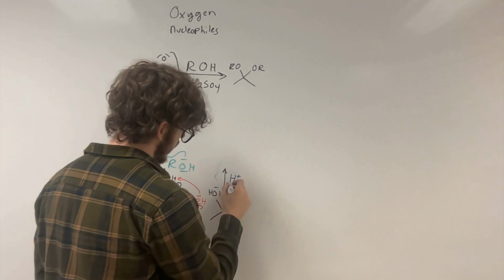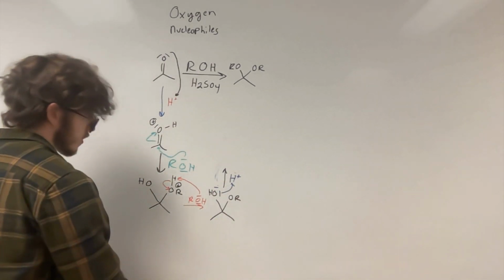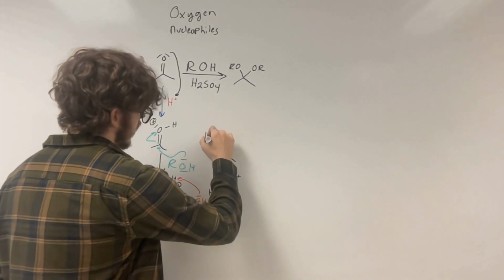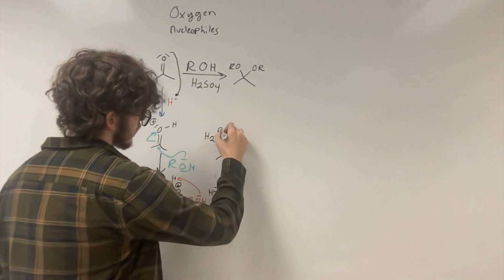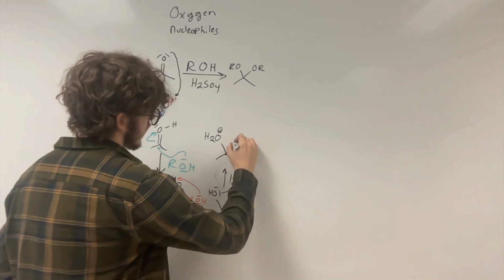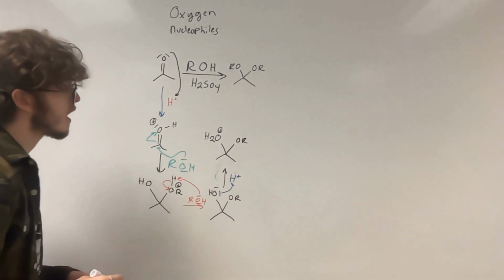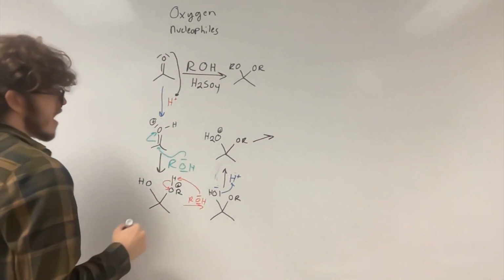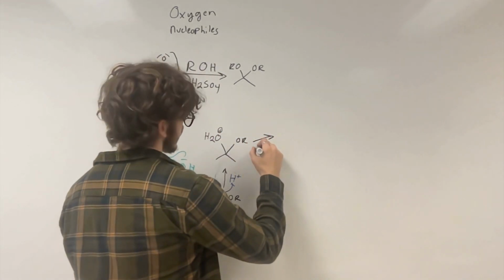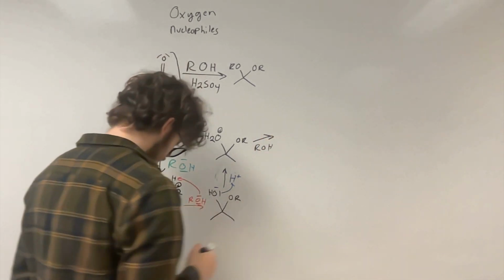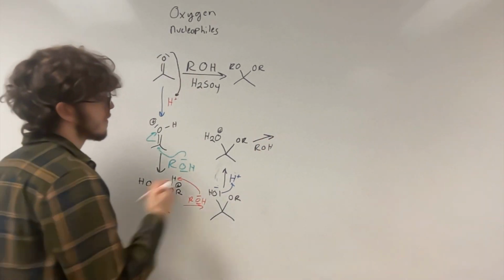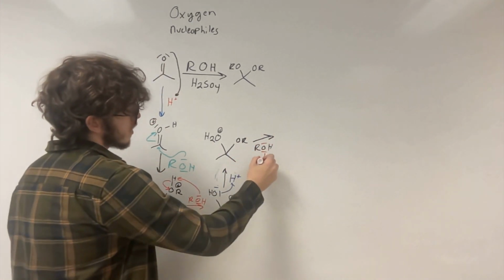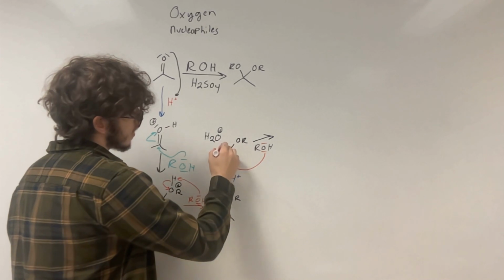So we're going to go the other way. See, that's a lot more logical there. And we're going to get a water leaving group, as you'll see. And we're going to get our alcohol here. So the next step is, okay, oxygen has a positive charge here. So what do you think is going to happen there? Well, if it has a positive charge, alcohol can come in and kick it off, right?